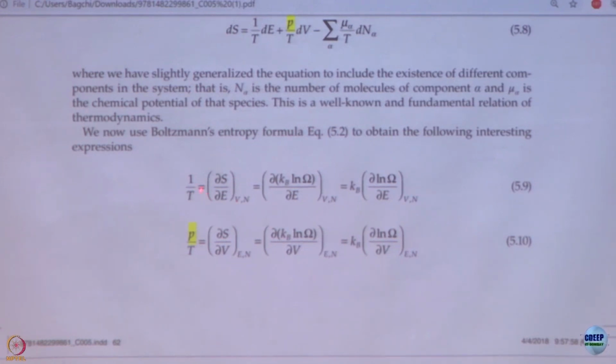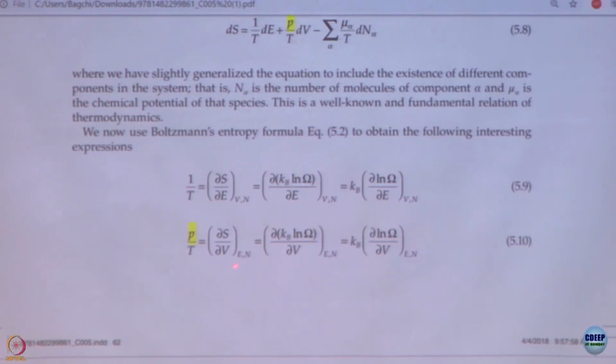That means temperature is the derivative of log omega with respect to energy, which intuitively makes sense because omega is the total number of microscopic states belonging to a system in the microcanonical ensemble characterized by NVE. Then if I change the energy a little, the number of microscopic states increases by this quantity, 1 over T.